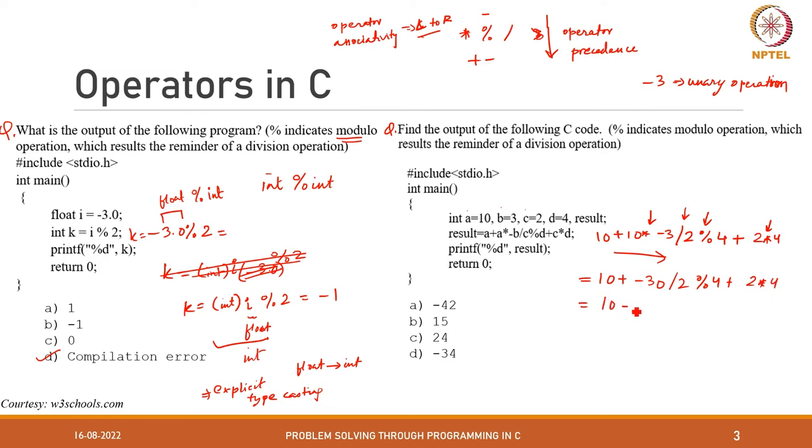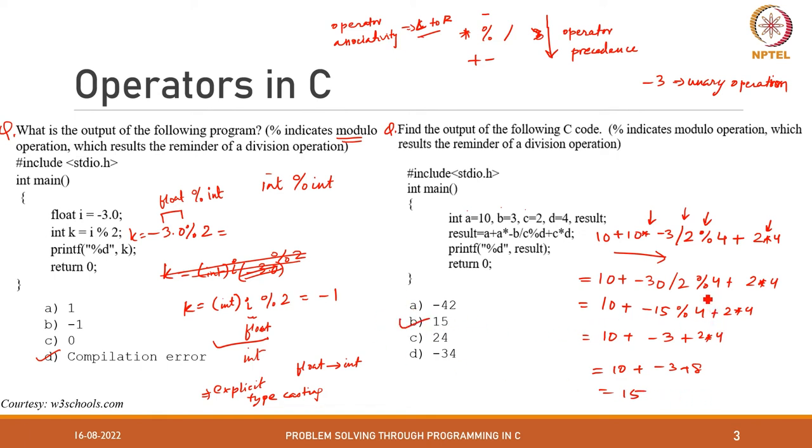So 10 plus minus 30 by 2 is minus 15 percentage 4 plus 2 into 4. Minus 15 percentage 4 is minus 3, plus 2 into 4. Then minus 3 plus 8. So this would result in 15. So here 15 is the correct answer.